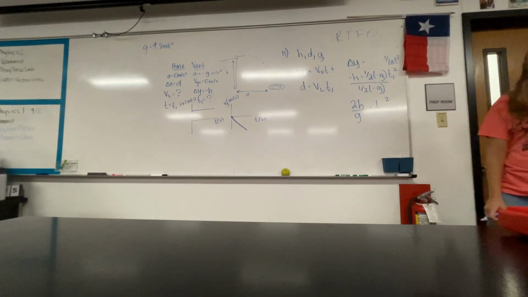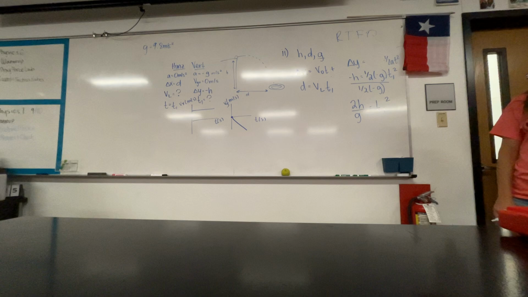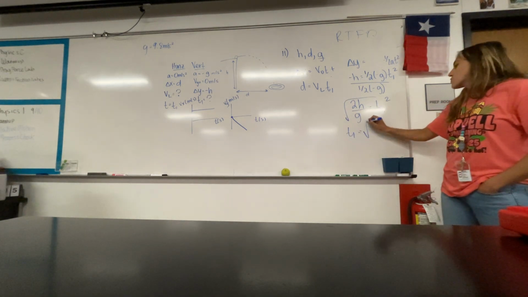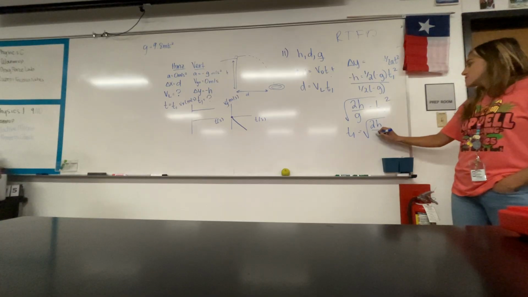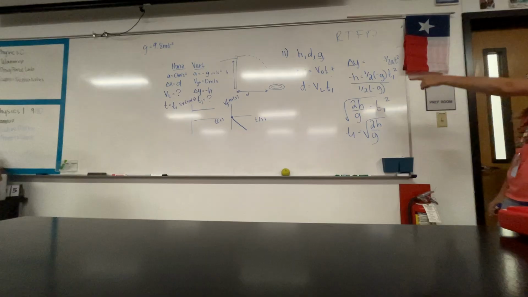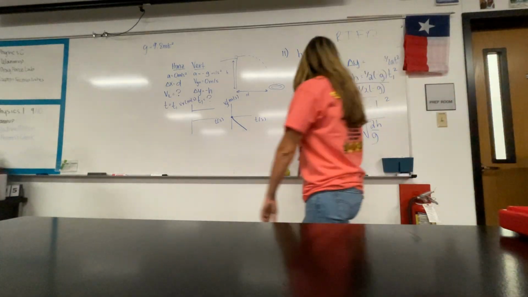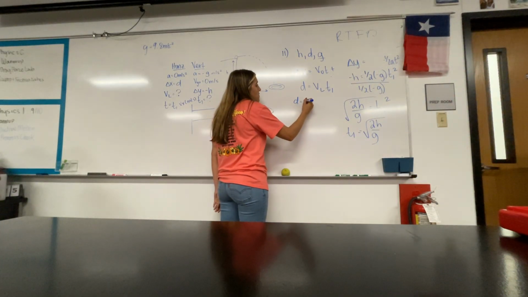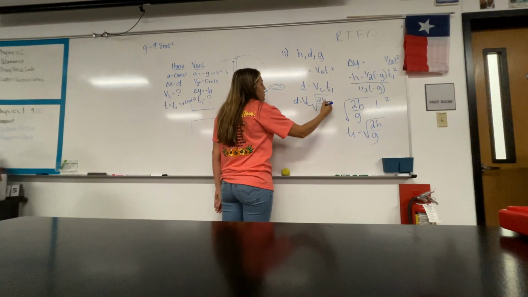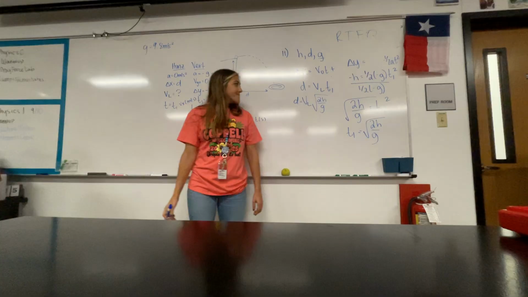How do I get T1? Square root. T1 equals the square root of 2h over g. Cool, I've got it. I'm going to use it. D equals VL times the square root of 2h over g.